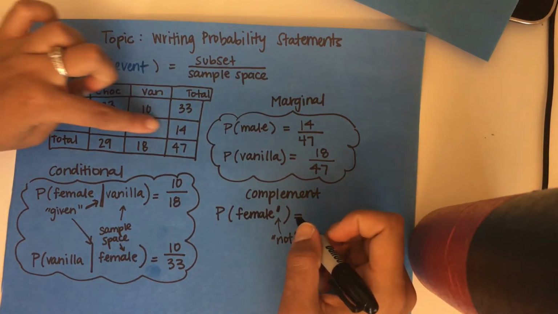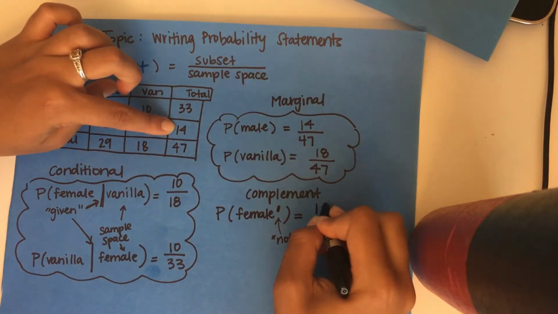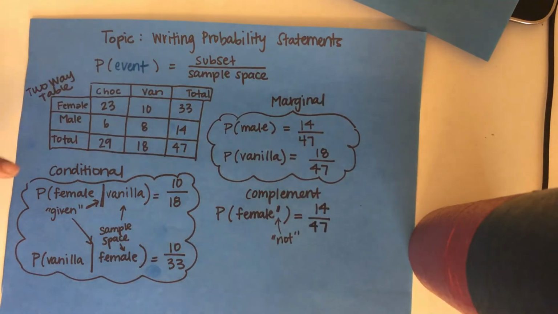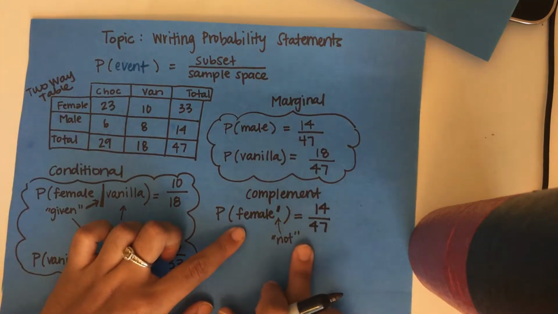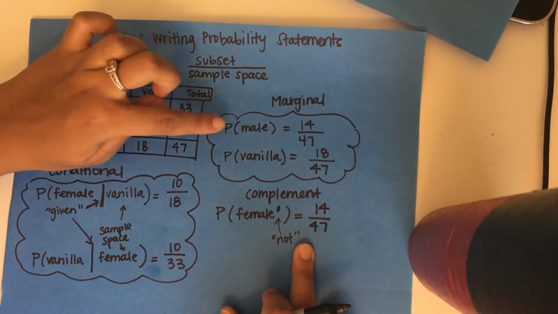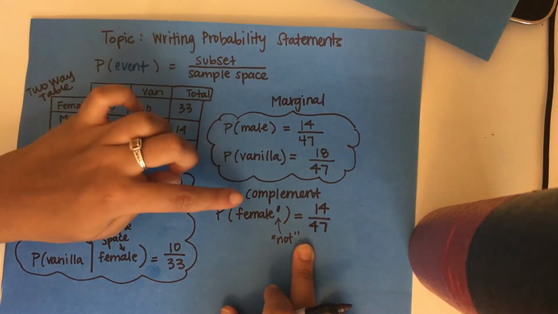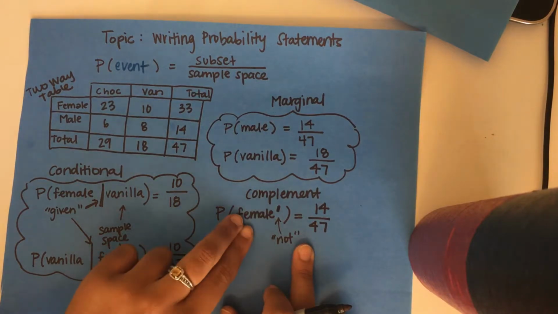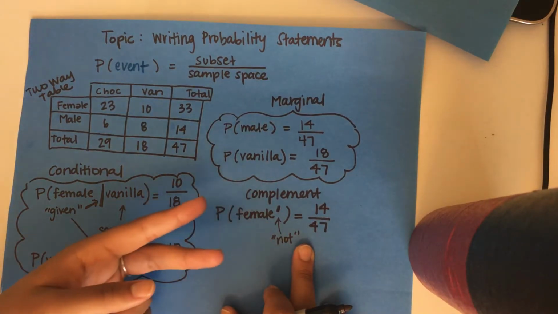So let's look. Out of all the males, there are 14 males out of the entire sample space. Well, look, that's the same as this statement up here. What's the probability that someone is a male? So using the complement just makes the event flip to its opposite.